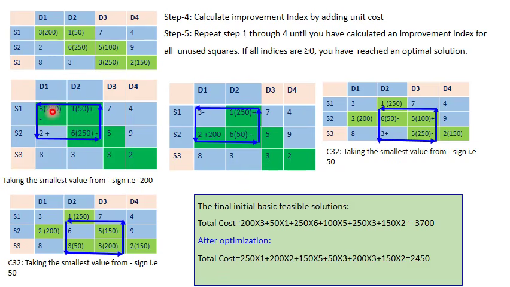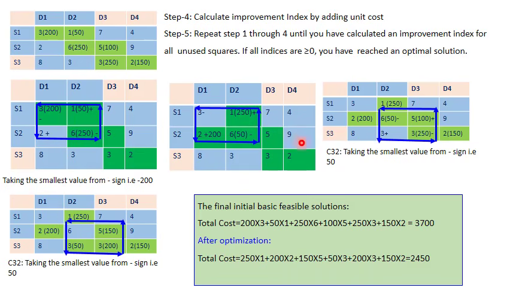So we move this 200 to the unallocated cell. When we move this 200, we add 200 here, we subtract 200 from 250 here because there is a minus sign, and we add 200 with 50 here, and the result is 250. And we finished this.